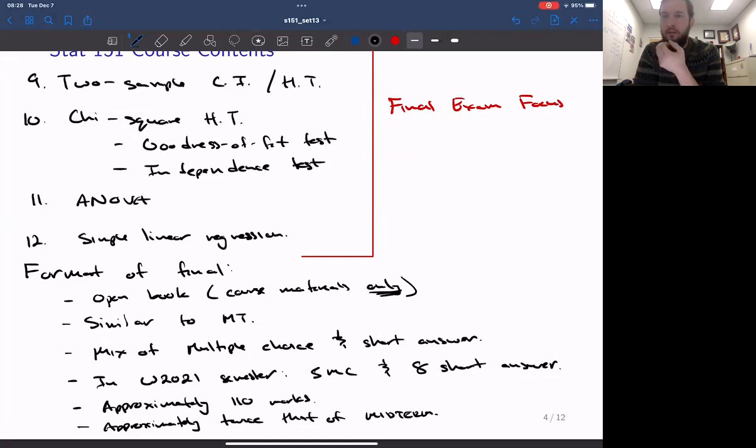Yeah, and also on the note of open book, I just feel like it's important to put a disclaimer on that. While the idea of something being open book is typically comforting, if you don't study for the test because it's open book, you're not going to do well on the test.